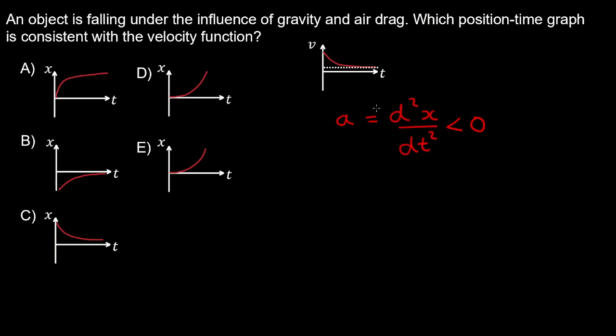And therefore the position time curve is concave down. And also because the velocity becomes constant as the time goes to infinity, then the position time curve becomes linear. So therefore the correct answer is A.